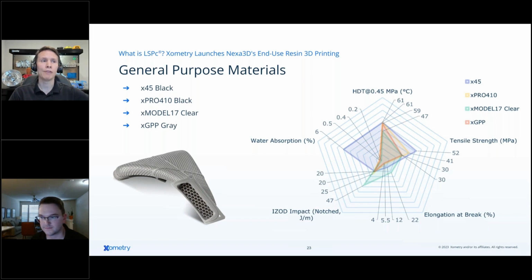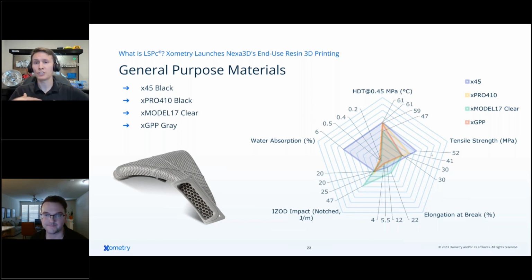But if I'm working in a humid environment, I may want to consider that when choosing, because X45 does have a little bit higher water absorption, at that 6%, than what you find in a lot of photoresins. So it's something to consider there.